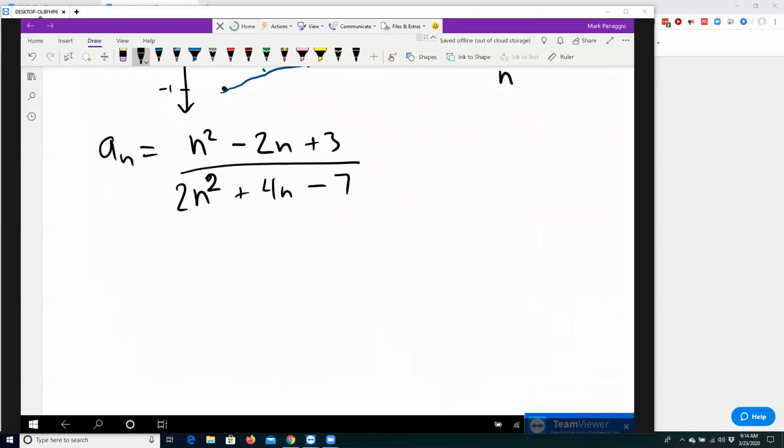So there's the sequence. And we could certainly find some terms in this sequence. We could plug in n equals 1, 2, and 3.